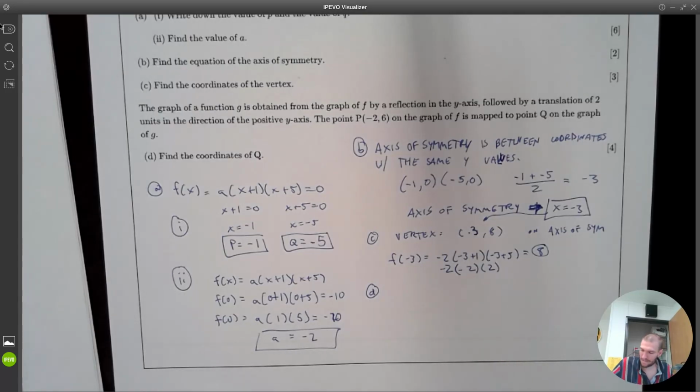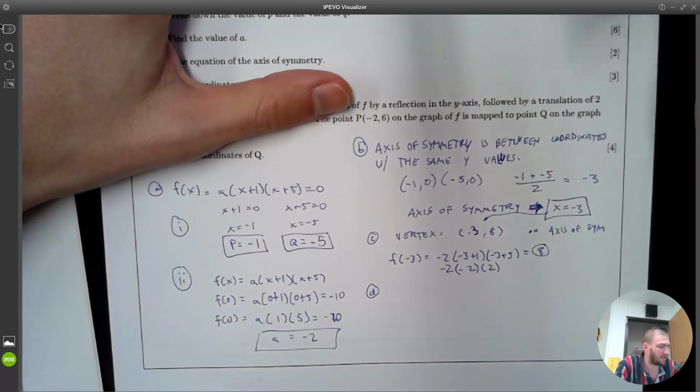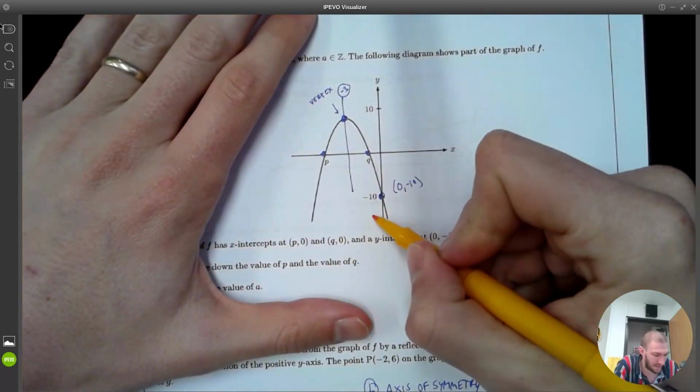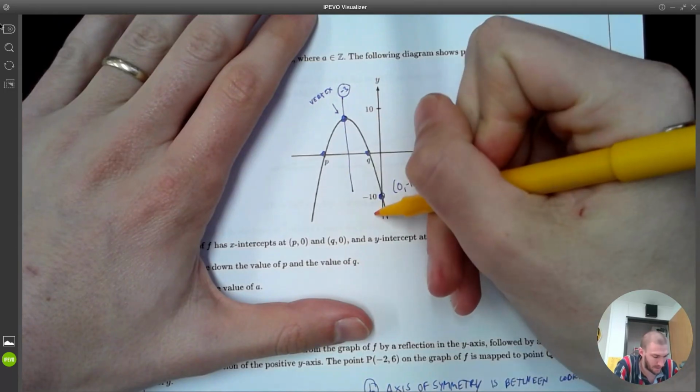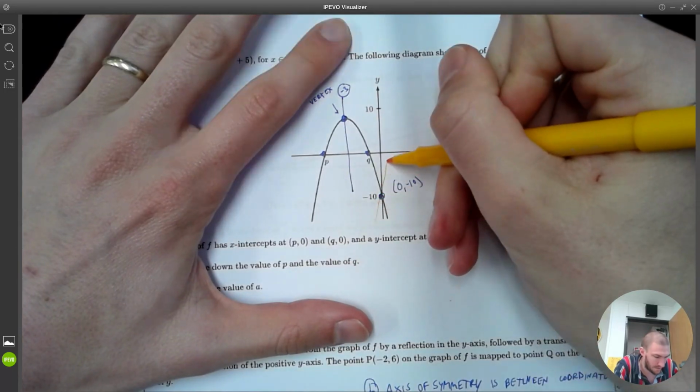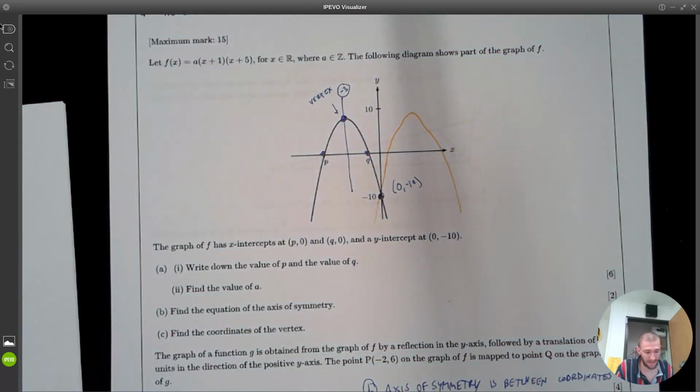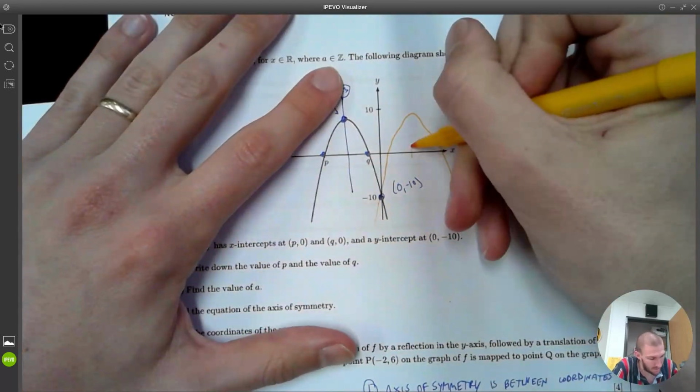Yeah. So in order to flip it in the y-axis, it's the same thing as flipping it over the y-axis. And so I'm going to be looking at taking this and flipping it over like this a little bit. But then don't forget, I also need to shift it up 2.